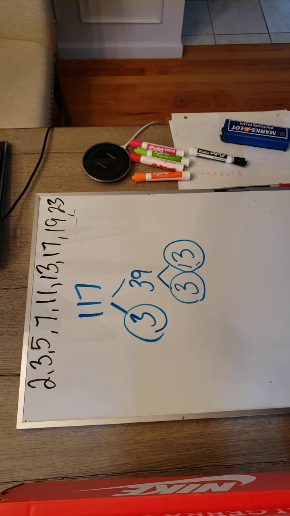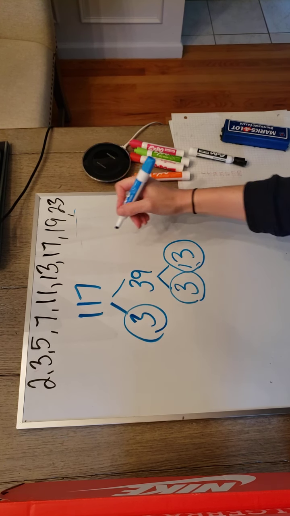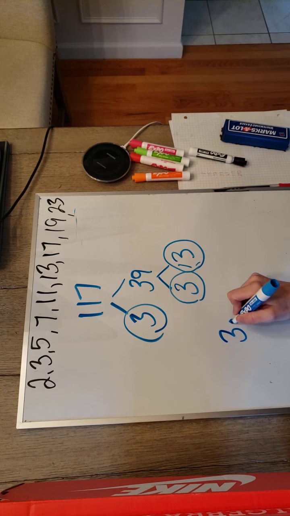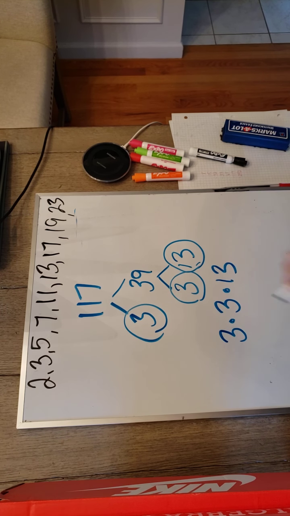Are all your ending numbers circles? Yes, so write them from least to greatest. So you have 3 times 3 times 13. In IXL, they're going to want you to write it in exponential form. So since you have a 3 repeating twice, it gets an exponent of 2, times 13.